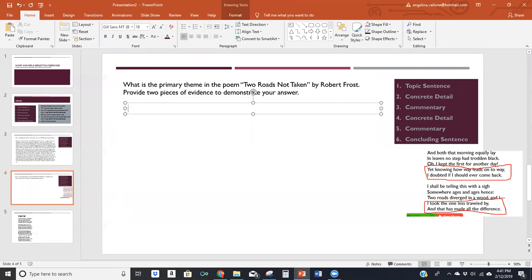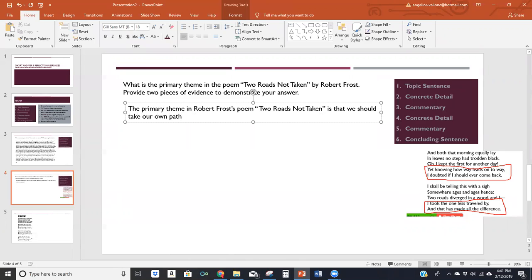So the primary theme in Robert Frost's poem, The Road Not Taken, is that we should take our own paths in life.